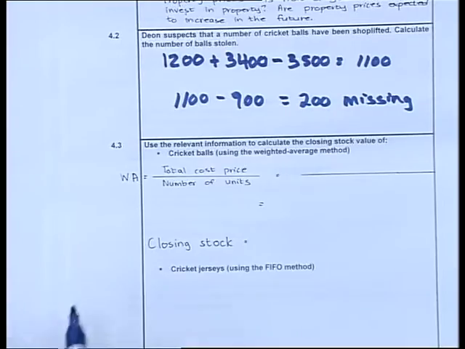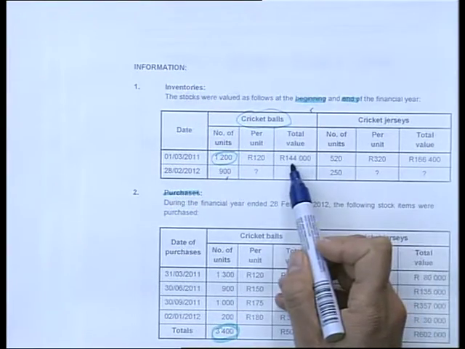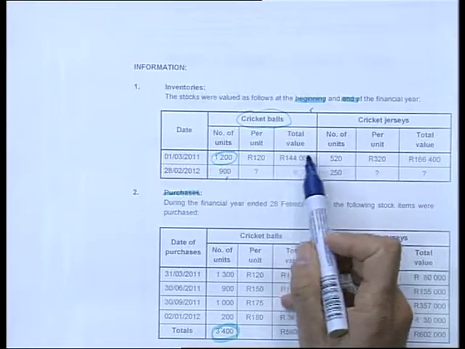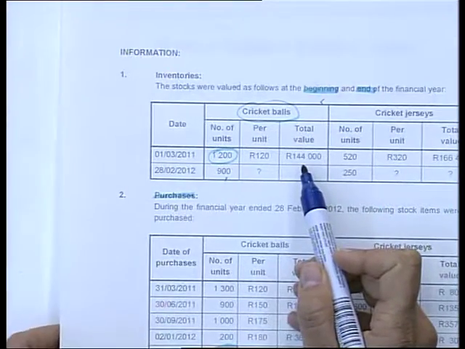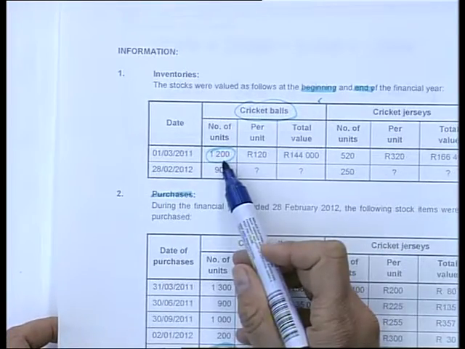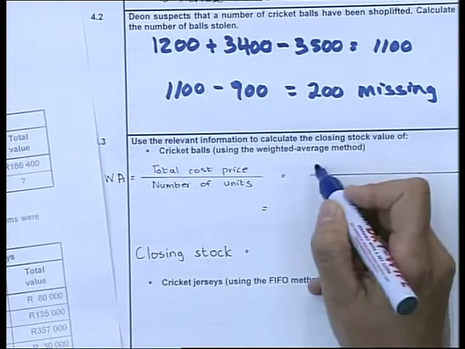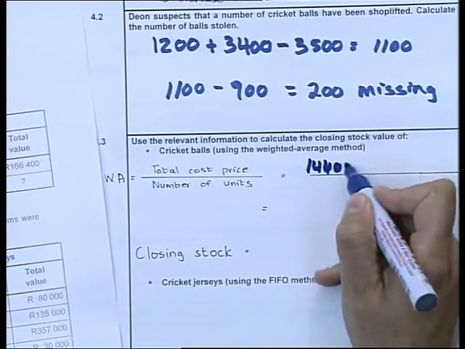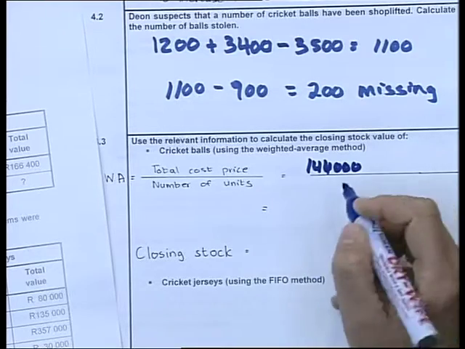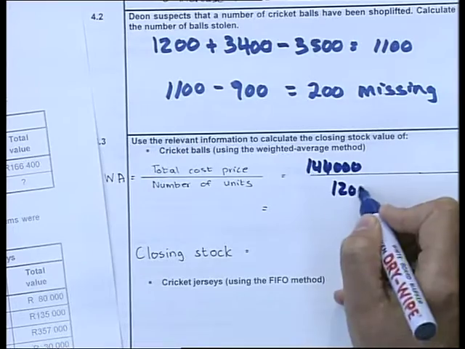Okay, so if we go to our information sheet here, you will see opening stock, total cost was 144,000 rand. How many units is that? 1,200 units. So we will say 144,000 rand, that was 1,200 units.